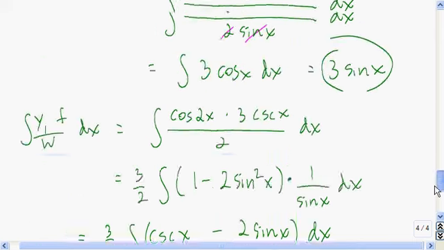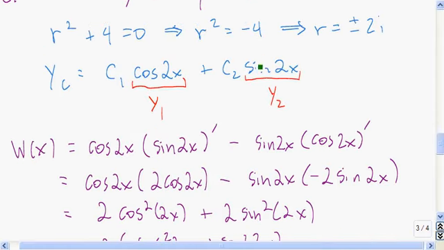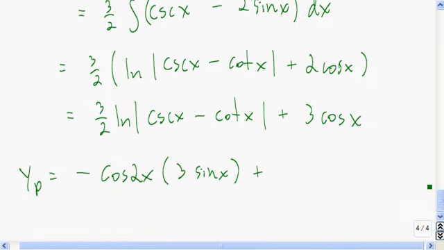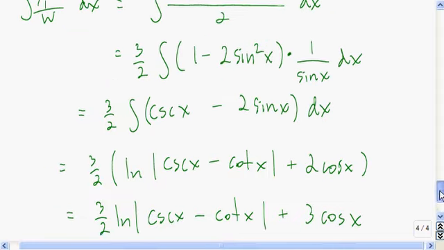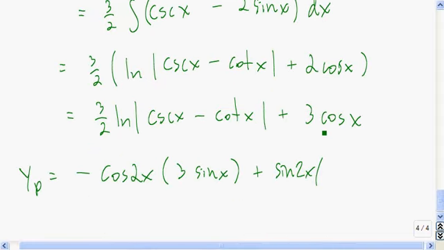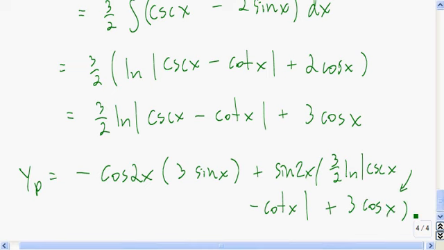Then plus y2, which is sine of 2x, times the integral that had y1. So that's all of this. All right, so that's our yp.